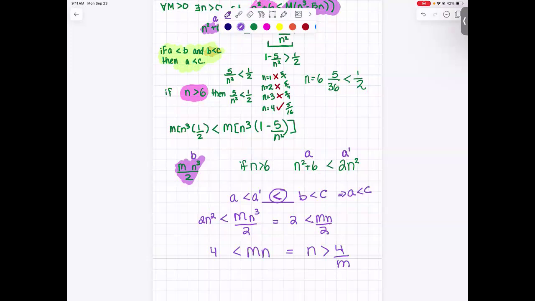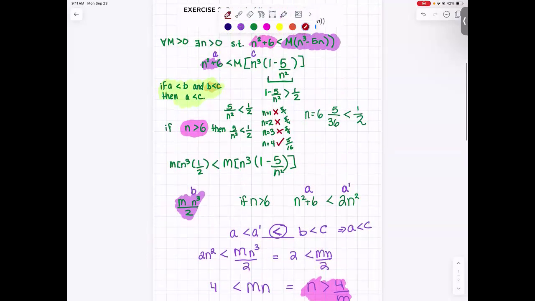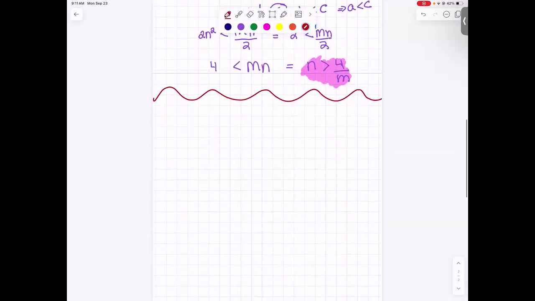So as long as we pick a value that is a maximum between n greater than 6 and n greater than 4 over m, we will be able to say that A is less than A prime, which was less than B, which was less than C. And so then A is less than C. We now have all the information we need, albeit somewhat messily up here, to be able to write our official proof. So let's go ahead and start that.